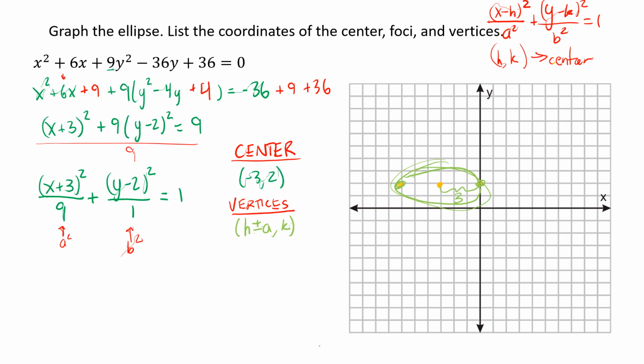So for this problem, the vertices are going to be at 0, 2, and negative 6, 2. And you can look at the little sketch we did and confirm that.